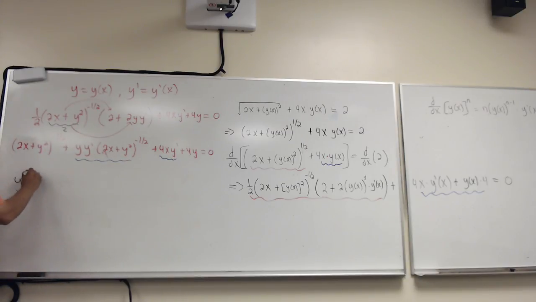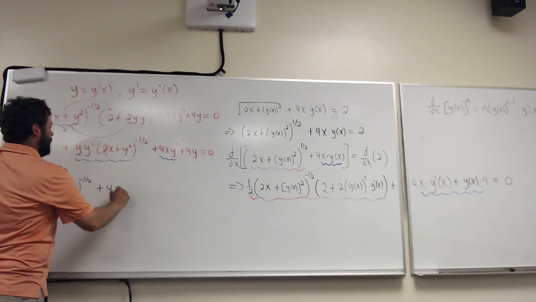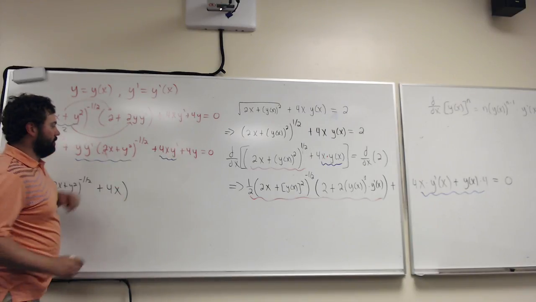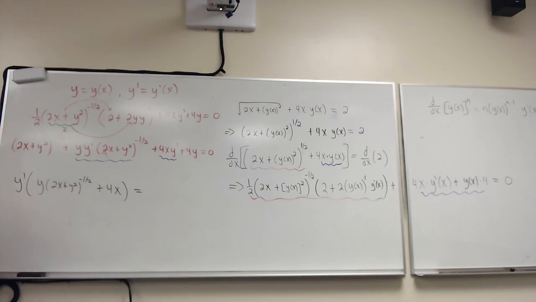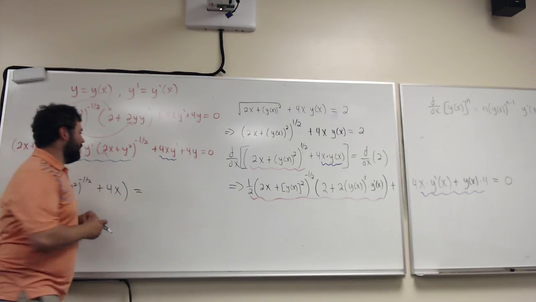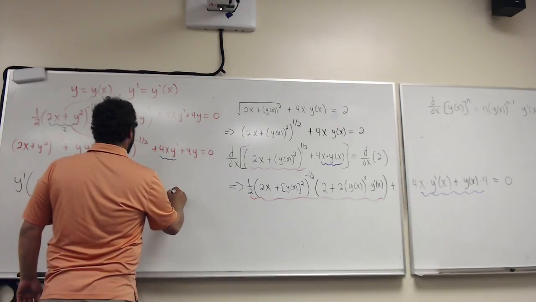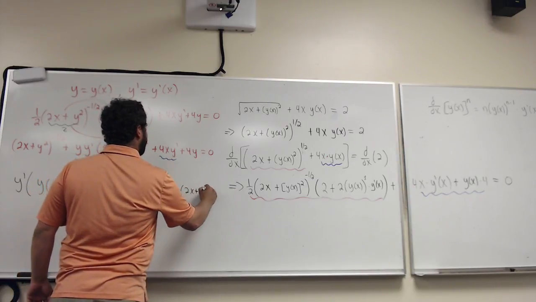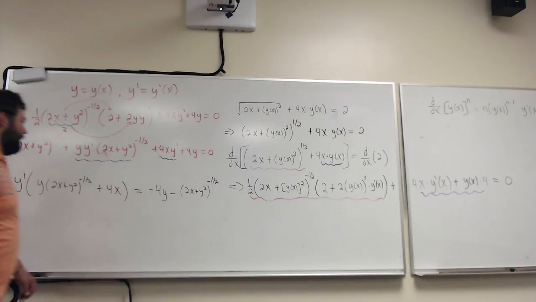So I'll get y prime times (y (2x plus y squared) to the minus 1/2 plus 4x), because I factored y prime out of both terms. And then I'm going to subtract these terms to the other side, so you get a minus 4y and a minus (2x plus y squared) to the minus 1/2.